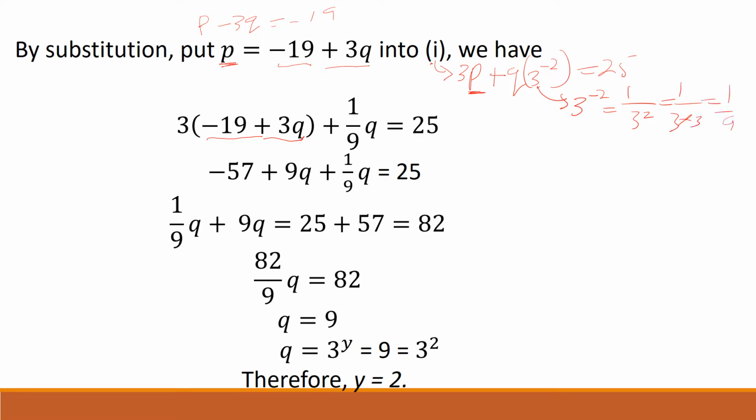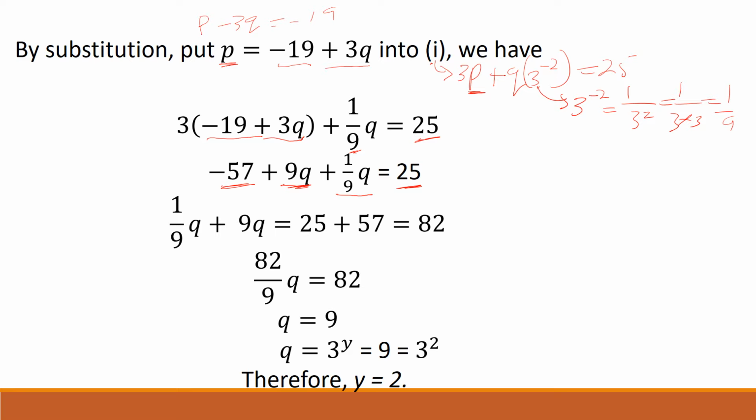So this is our 1 over 9q now. Remember, they are all equal to 25. I'll open the bracket and I have minus 57 plus 9q. Then outside the bracket I still have 1 over 9q equal to 25.